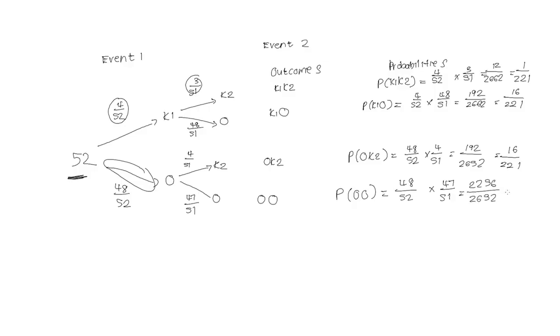And this gives us a final probability of 188 over 221. So as you can see, once again, the probabilities for each of the outcomes is obtained by looking at the branches for each of the individual events and multiplying those probabilities together.